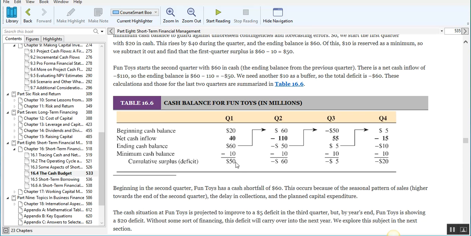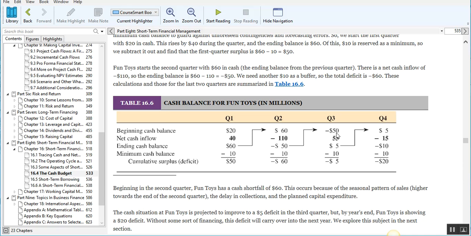And so then you say you have a cumulative surplus or deficit. You carry the ending cash balance forward, show the net cash inflow, and you immediately have a deficit here. You have a minimum cash balance, and you've increased that deficit to 60 million here, but you're going to carry this deficit of 50 over here to quarter 3.